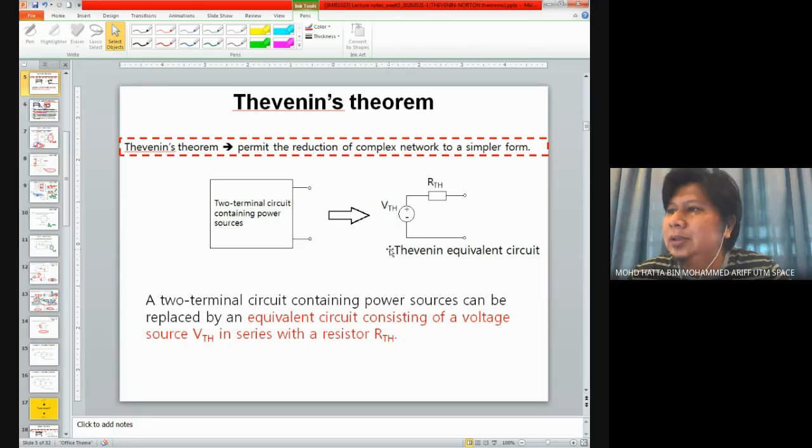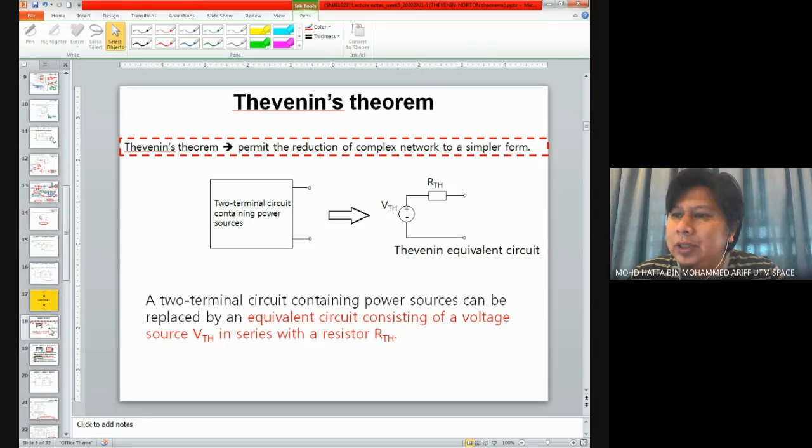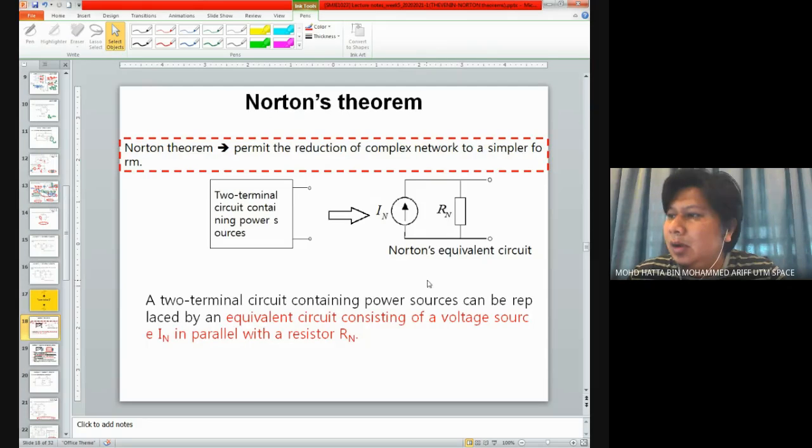So in other words, you can always use these two values to convert your circuit to become a Norton equivalent circuit. So here Norton equivalent has current source in parallel with resistor.